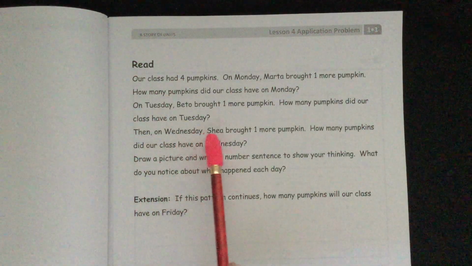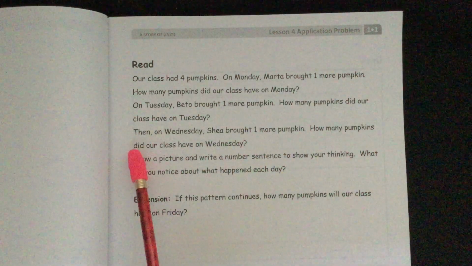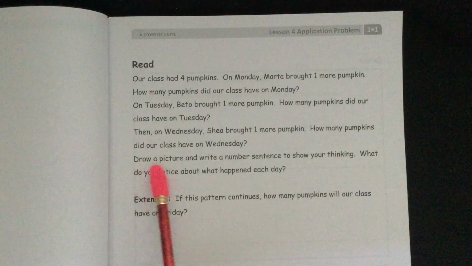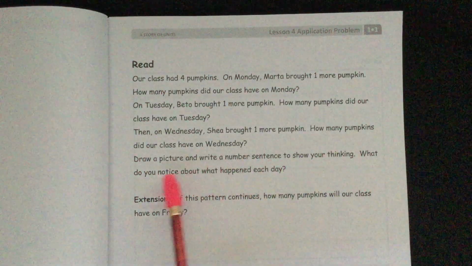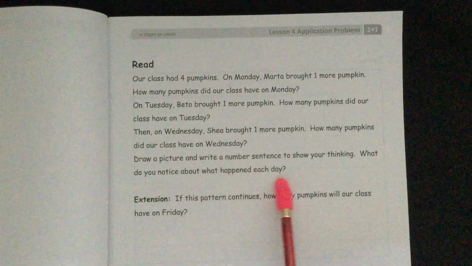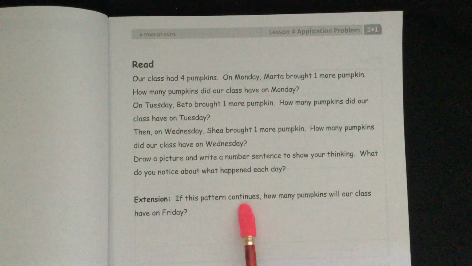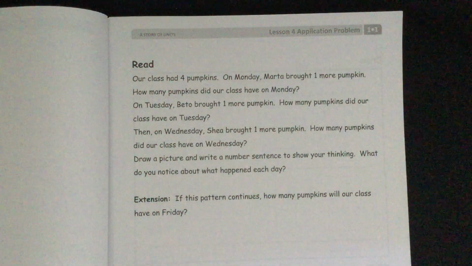Then, on Wednesday, Shia brought 1 more pumpkin. How many pumpkins did our class have on Wednesday? Draw a picture and write a number sentence to show your thinking. What did you notice about what happened each day? And then we have an extension. If this pattern continues, how many pumpkins will our class have on Friday?